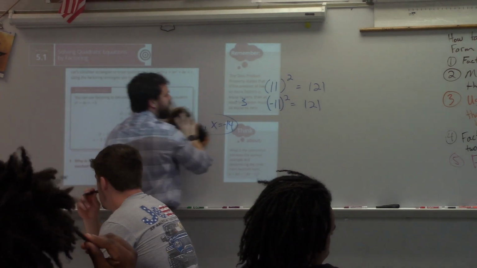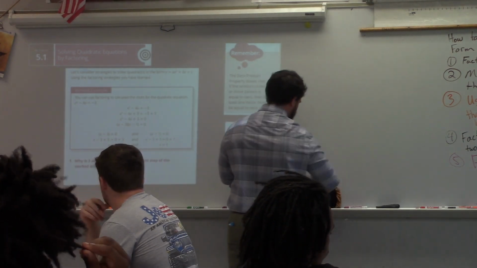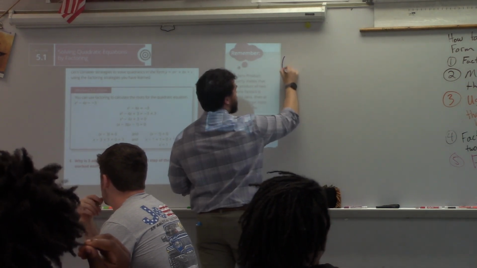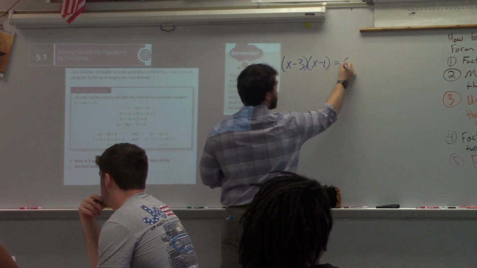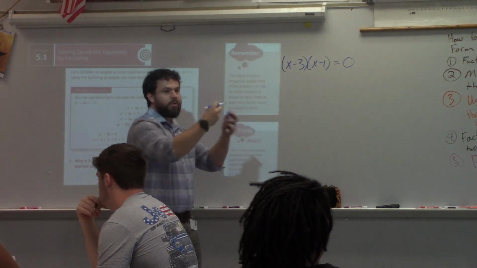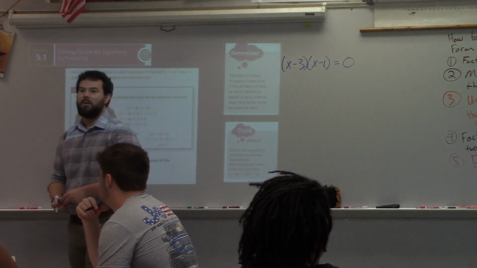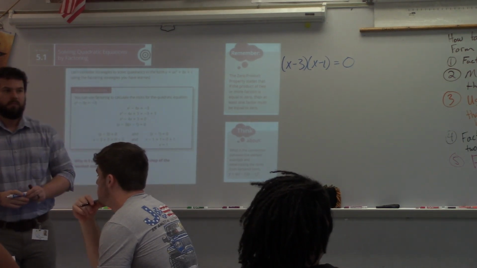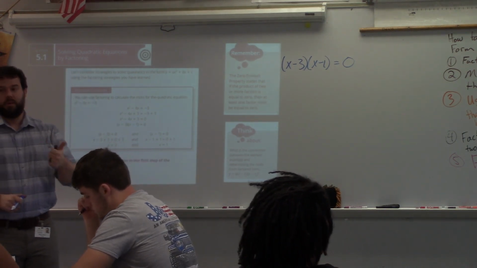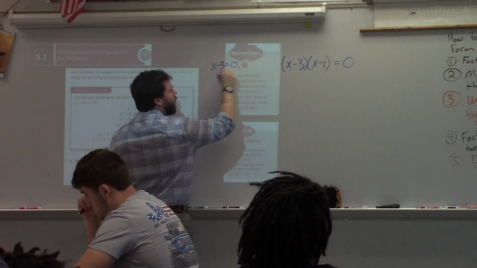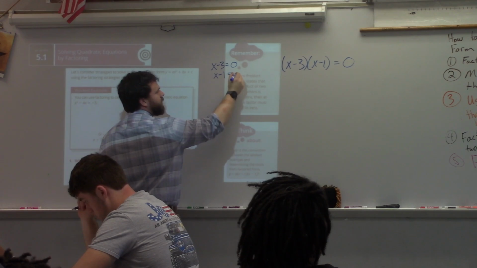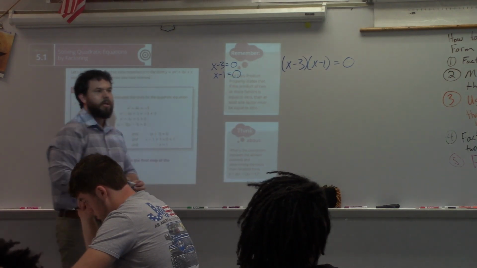But what we said instead is this. We're going to use that zero product property. If I am multiplying two things and their product is 0, what do I know about those factors? At least one of the factors has to be 0. So either x minus 3 equals 0 or x minus 1 is equal to 0.